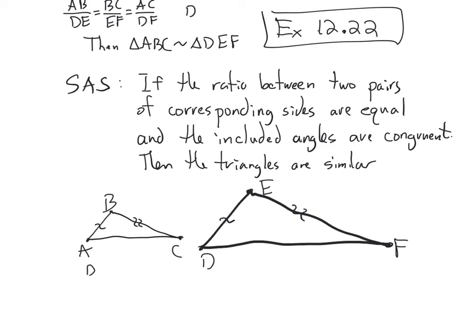So let's put the other triangle on top, just for fun. So DE over AB, if that's the same as EF over BC, so if this is the case, and we know that angle B is congruent to angle E, if we know that, that's enough to tell us that the triangles are similar.